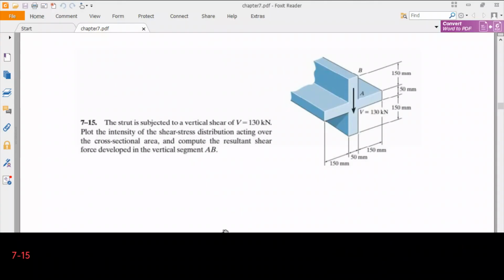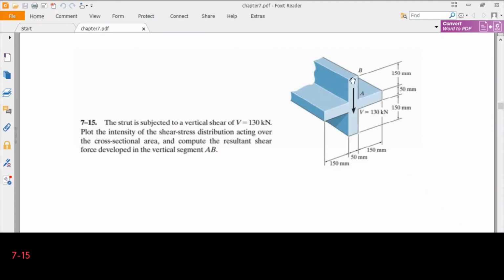Okay, now our question is 7.15. The strut is subjected to a vertical shear of 130 kilonewtons. Plot the intensity of the shear stress distribution acting over the cross-sectional area and compute the resultant shear force developed in the vertical segment AB. So we have a plus-like cross-section, as you see, and there is a shear force of 130 kilonewtons.